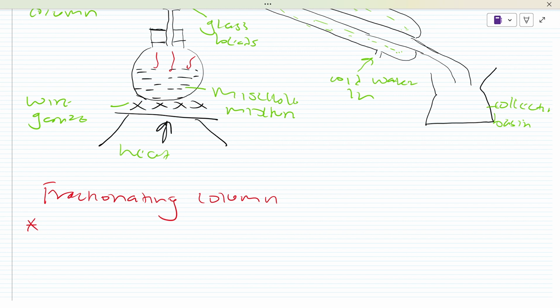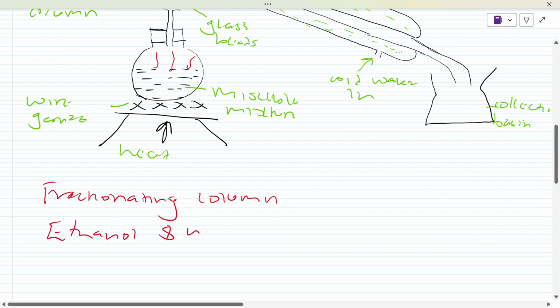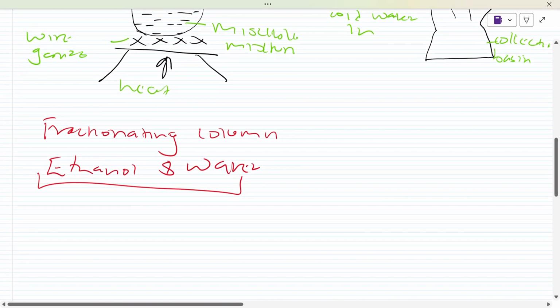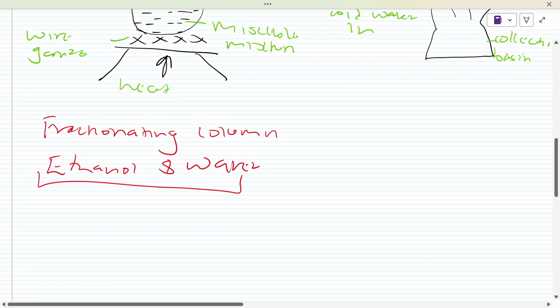Before I dig deep there, let me take an example. My mixture was ethanol and water. When I have this mixture, these substances have close but different boiling points.